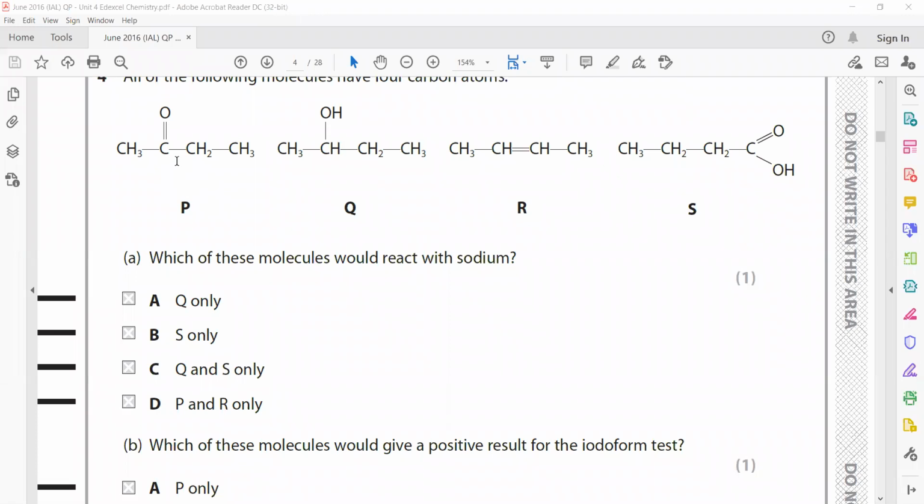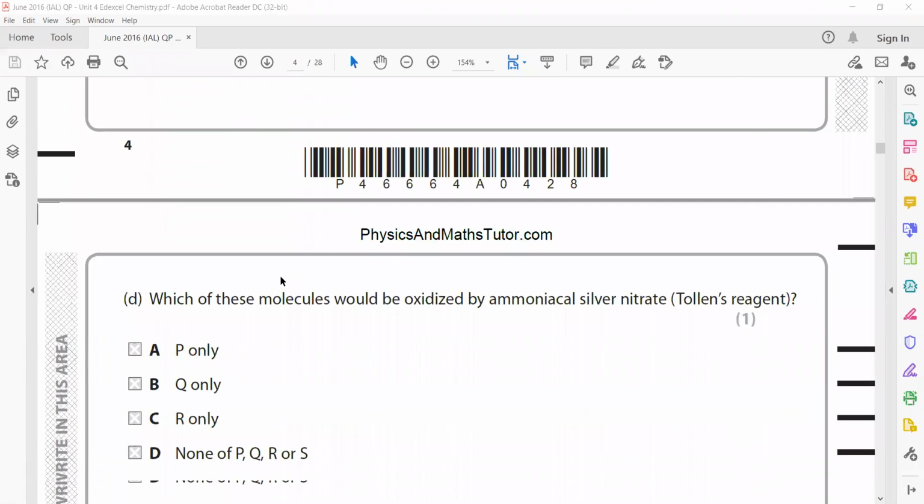So this is a ketone. This one is a secondary alcohol. It will oxidize to ketone, but the ketone will not give a positive result with Tollens' reagent. Alkene is there. This cannot be oxidized by this ammoniacal solution. We can use potassium manganate, which will result in the formation of a diol, but not with Tollens' reagent. And carboxylic acid cannot be oxidized as well. So the correct answer is none of these.